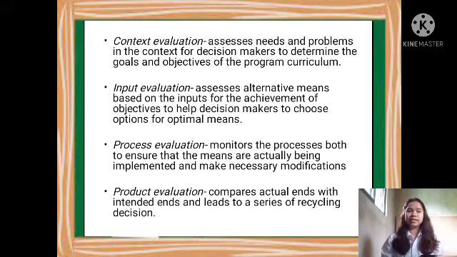It monitors the process both to ensure that the means are actually being implemented and to make necessary modifications. And last is product evaluation. So it compares actual ends with intended ends and leads to a series of recycling decisions.